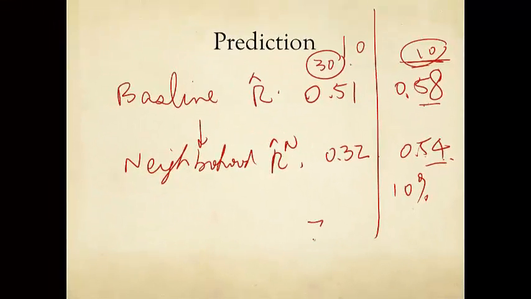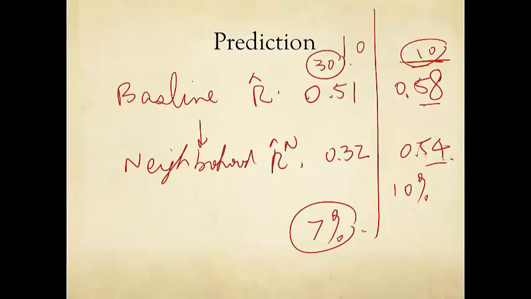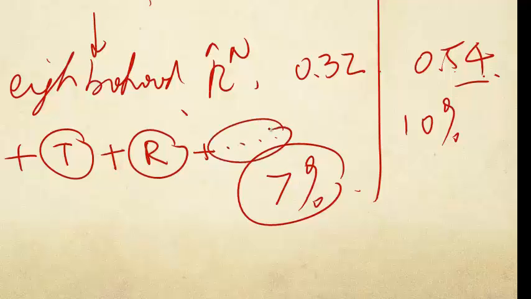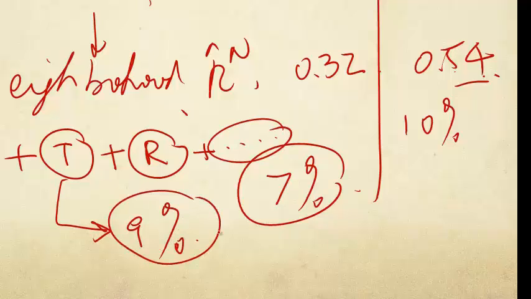This represents a 7% enhancement by neighborhood method over baseline method. And it turns out that if you use neighborhood method plus temporal dynamics plus the regularization idea of least squares plus a couple of other tricks, you can easily get to almost 9%, meaning you can actually win the first year of the progress prize and more of enhancement over Cinematch.